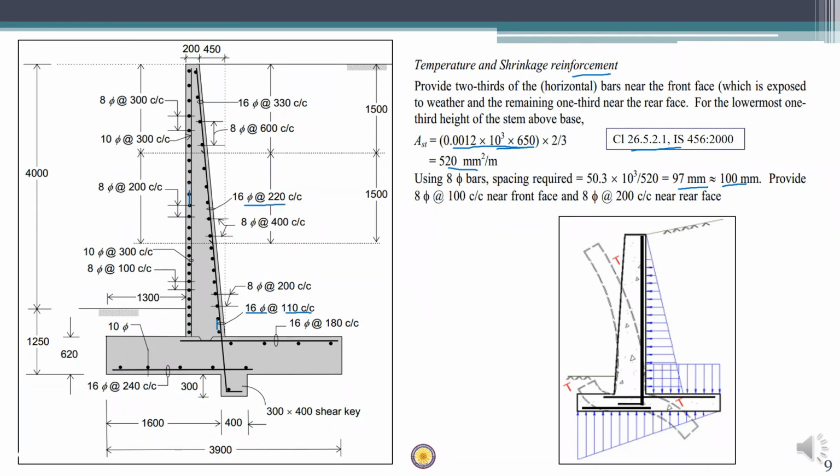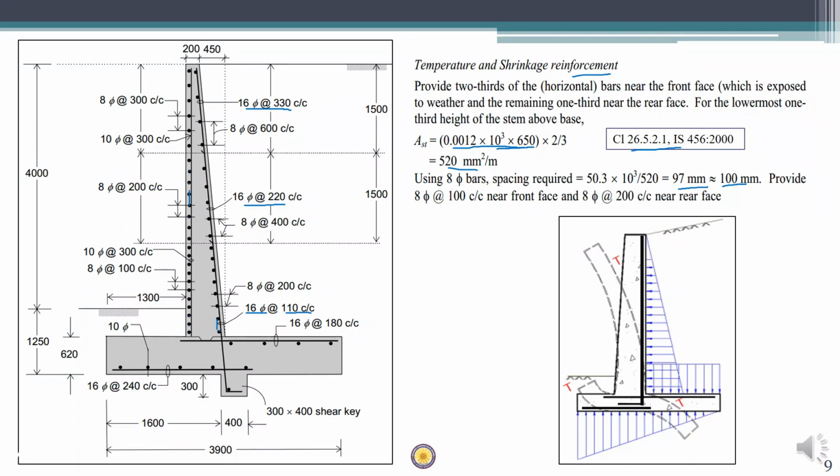When we come to the topmost portion, where the bending moment is very less, the requirement of reinforcement is also very less. So there the spacing increases 3 times, because in between we remove 2 bars. The same thing is done for temperature reinforcements also.